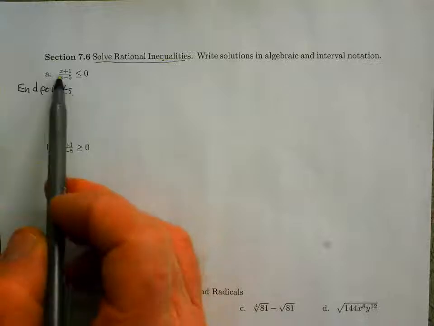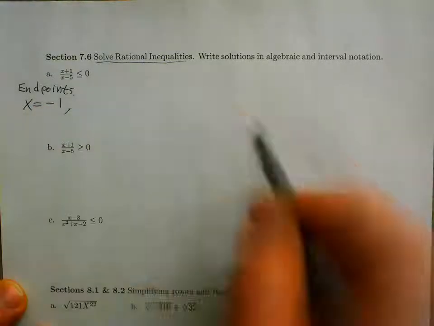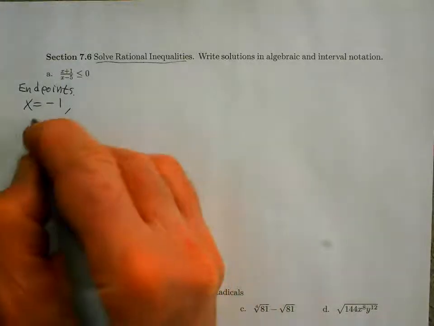The x value that makes the numerator 0 is negative 1. And the x value that makes the denominator 0 is positive 5.